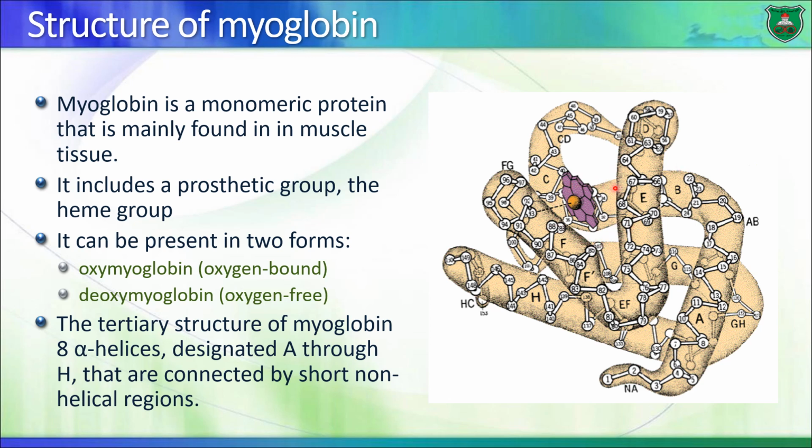In the center you have heme bound to it, and what characterizes myoglobin is that it is composed of 8 alpha helices, designated from A to H. Starting with the N-terminus right here, you have the A alpha helix, then the B alpha helix, then C, D, and so on, all the way to H. Between the alpha helices you have turns, so you have another secondary structure, but mainly it is composed of helical regions or domains.